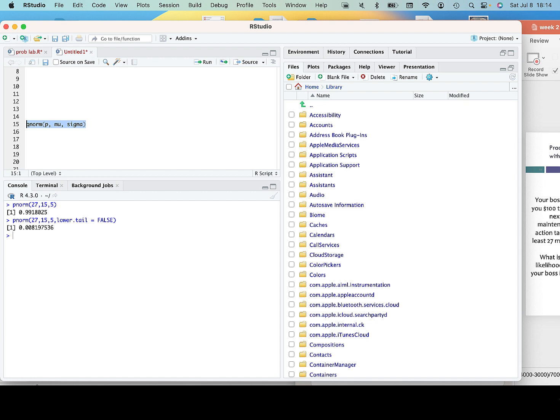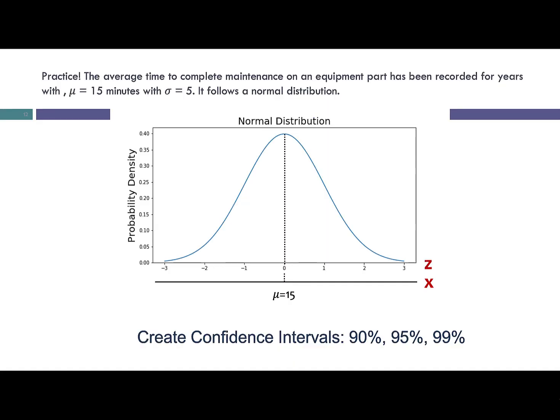I did want to add, because we've already mapped it in terms of z, we can find the same information using P normal of our z of 2.4, our mu of 0, and our standard deviation of 1, which should give us the same number.